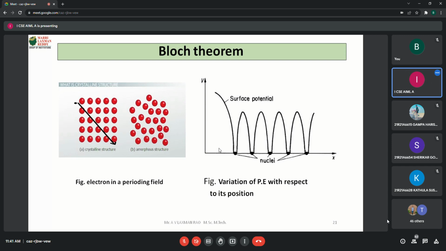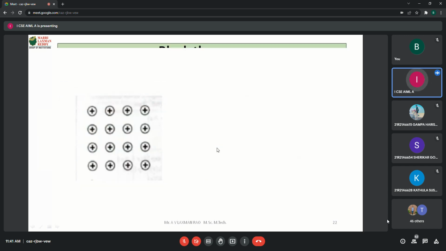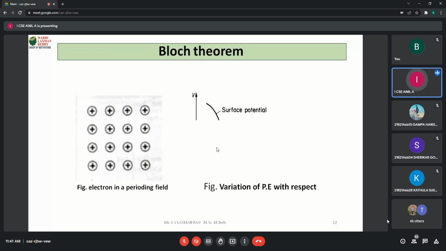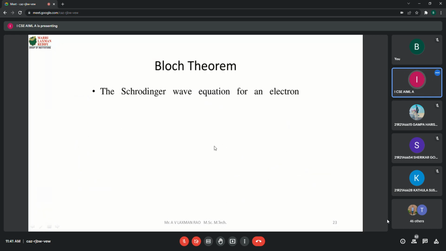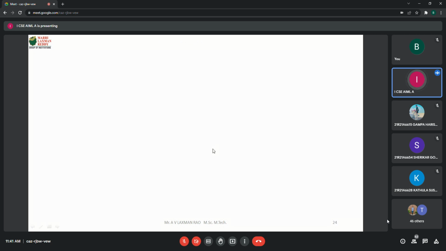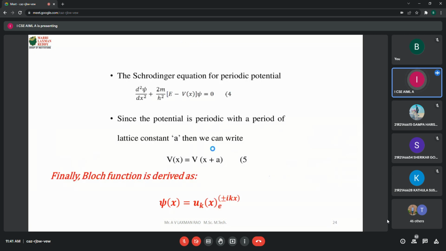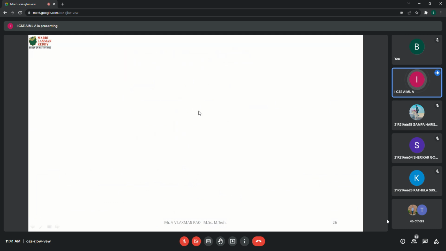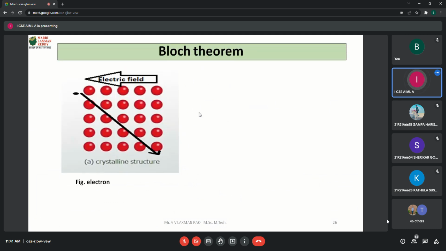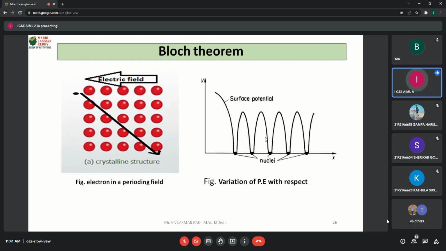But it is successful only up to some extent. That's why another model was proposed by scientists, the Kronig-Penney model, which is very, very important. We also discussed the Kronig-Penney model in our theory class. The Bloch theorem is the basis for this, but the Bloch theorem explains the potential energy like this.